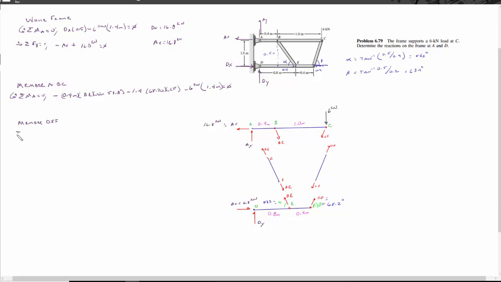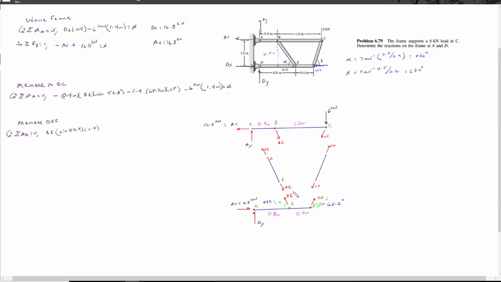So let's sum my moment about point D, and say BE times the sine of 51.3 times 0.8, which is its distance from here to here.